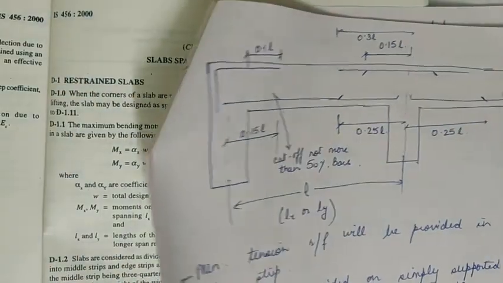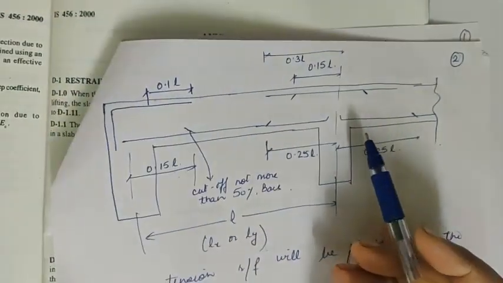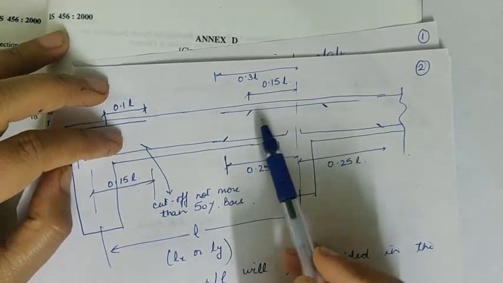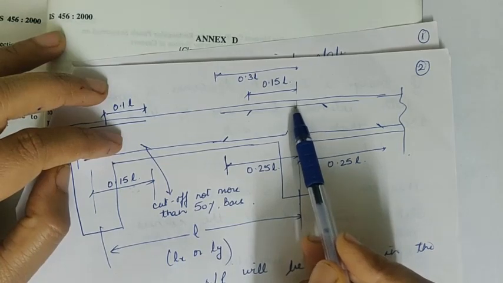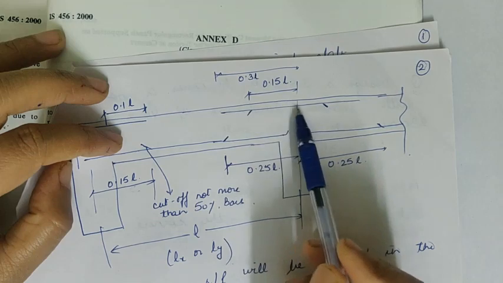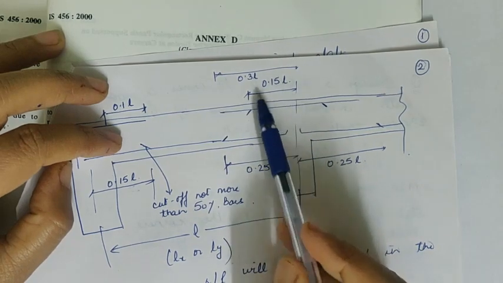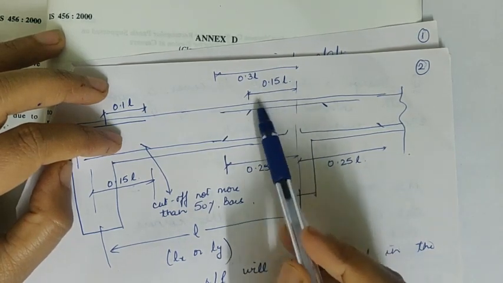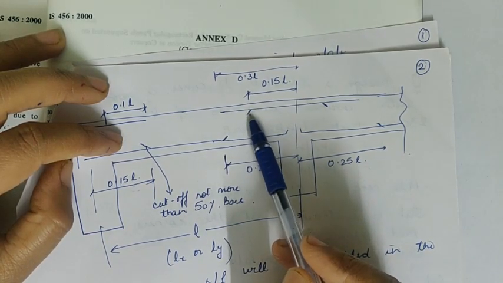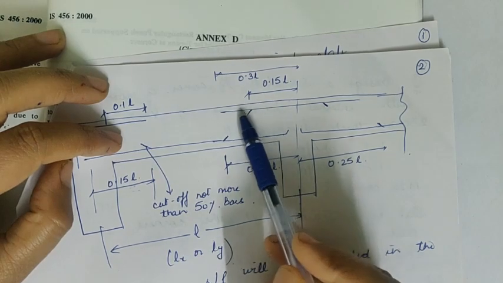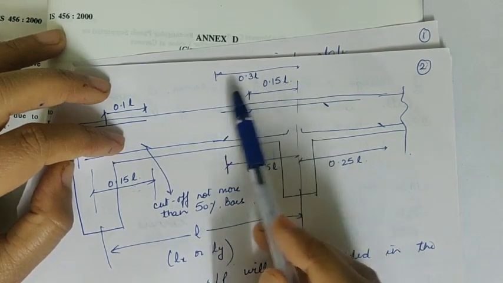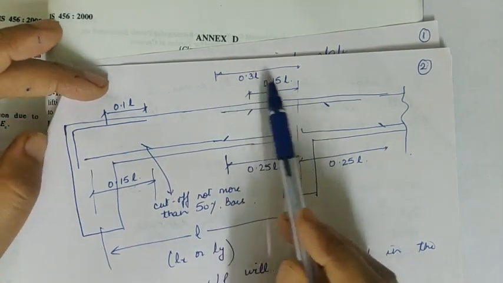Then the other clause, D1.5, is about this particular negative reinforcement. It says the negative reinforcement is required at the support, but this particular reinforcement shall go to this side as well as to this side by at least 0.15 L. Again, not all of this reinforcement shall be curtailed here at 0.15 L. At least half of it shall continue further, and the total distance that half of it must cover is 0.3 L. Is it okay?